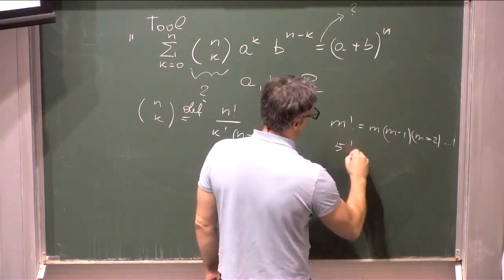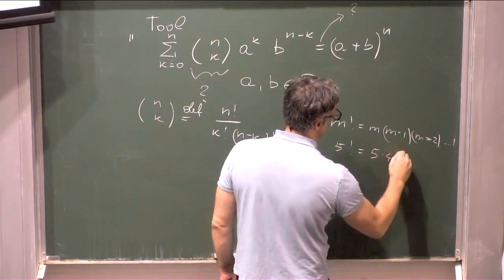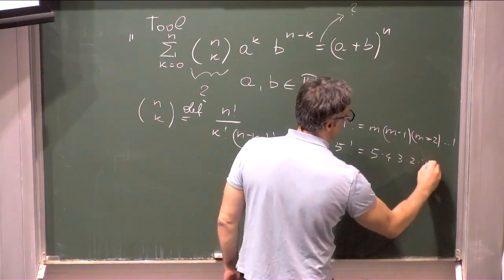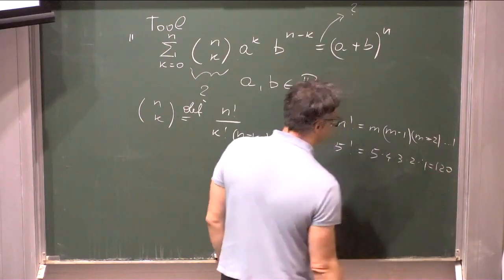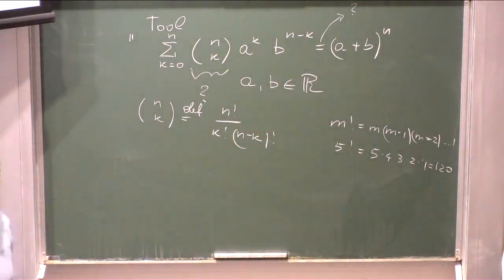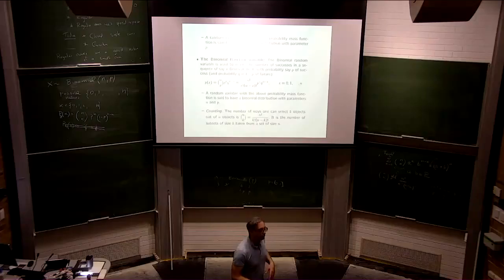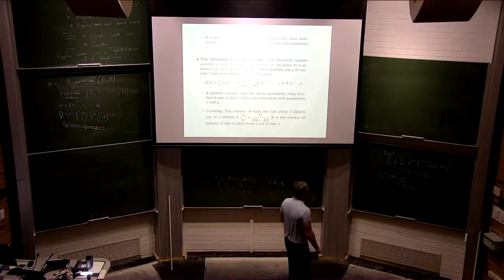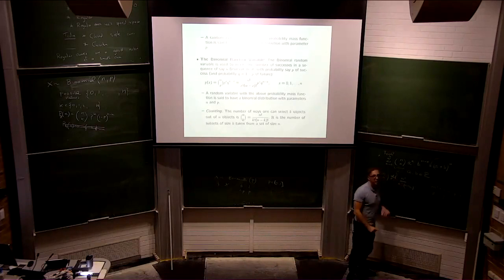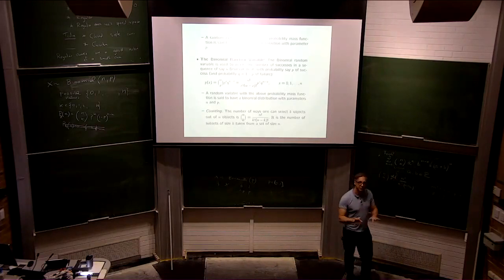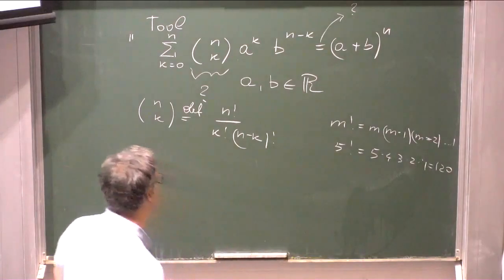So 5 factorial is equal to 5 times 4 times 3 times 2 times 1, which is equal to 120. It grows very fast. It's really an outrageously large number. But if you have a large number here and a large number here, they compensate each other, so it's something you can still compute.